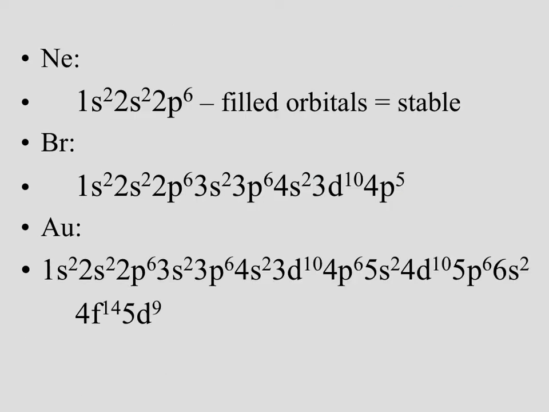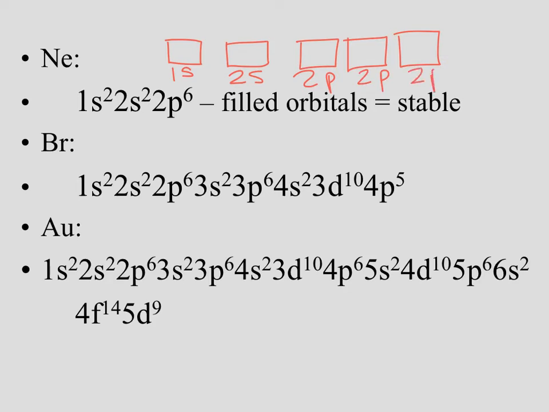Next example is neon. Neon is in the second energy level, the p sublevel, and the sixth one over. So 1s2, 2s2, 2p6. And if you wrote out the orbital box notation, which I will show you right here, I'm going to just show them horizontal: 1s, 2s, 2p, because there are 3 orbitals for p sublevels.